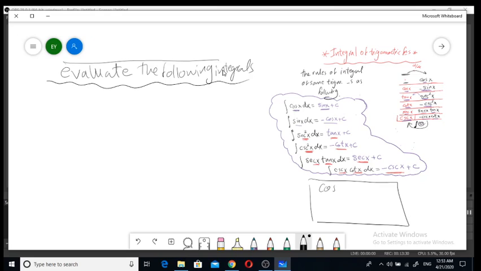Three Pythagorean relations: cosine squared x plus sine squared x is equal to 1. 1 plus tan squared x is equal to sec squared x. 1 plus cotan squared x is equal to cosec squared x. Evaluate the following integrals. The first one, we need to find the integration of cosine x over sine squared x with respect to x.